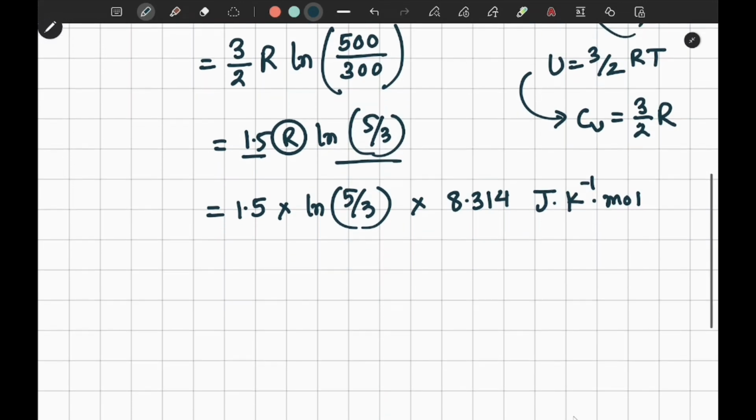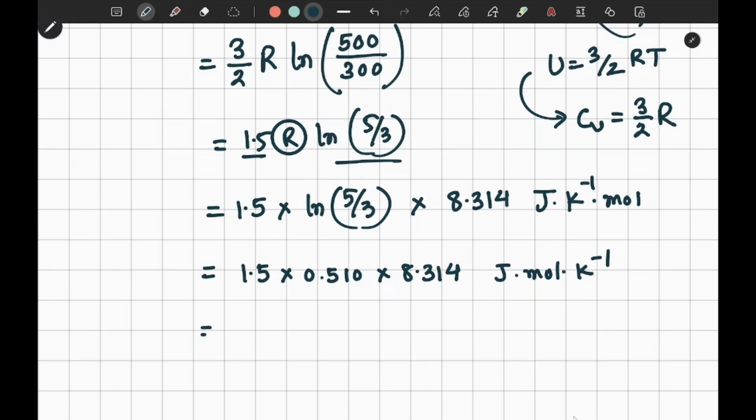So now you have to calculate it. ln 5 by 3 is eventually 0.510, so this is 1.5 into 0.510 into 8.314 joule per mole per Kelvin.